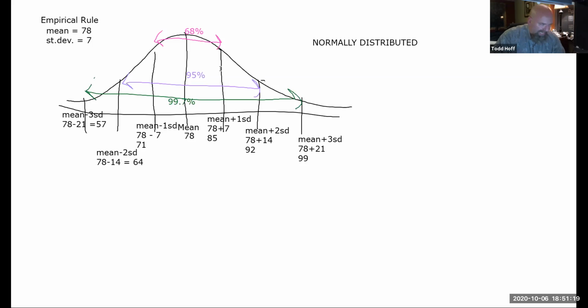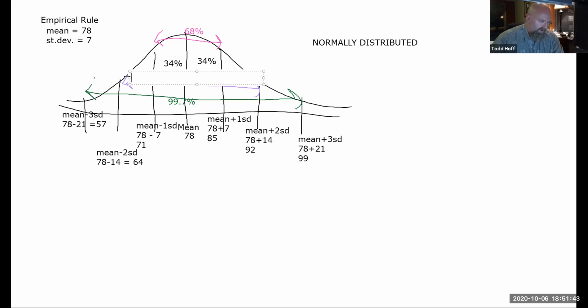Now we can break that down. Since this is symmetrical, the 68% can be split into 34% on each side. So 34% here, half of the 68, 34% over here. The 95% can be split half each way, so 47.5% on each side.